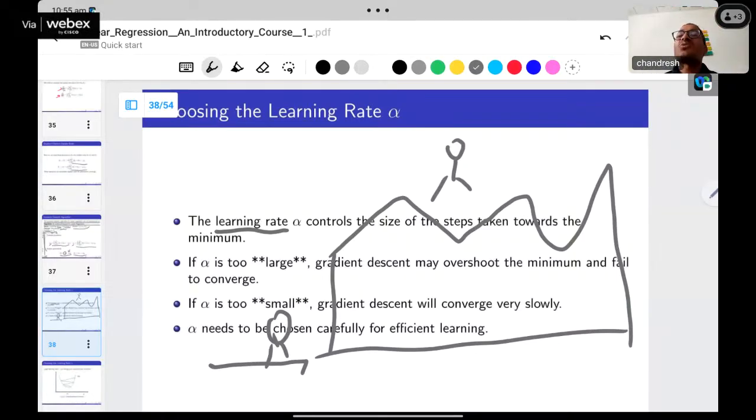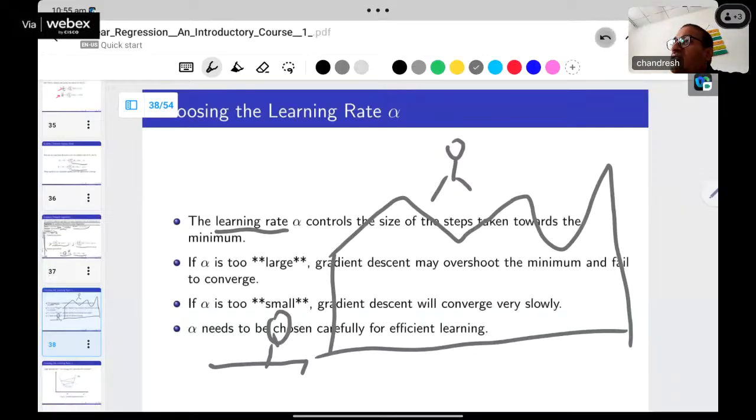Let me ask this question: you are standing on Mount Everest and you want to come to the bottom. What will be the approach to go to the bottom in the fastest manner possible?